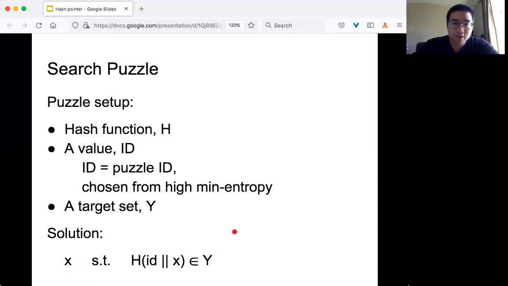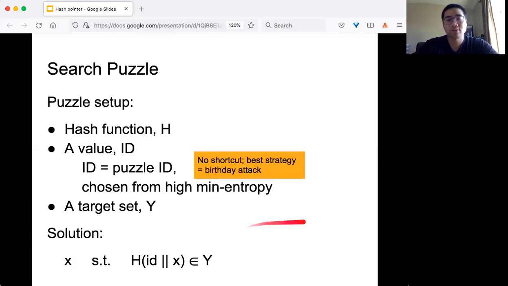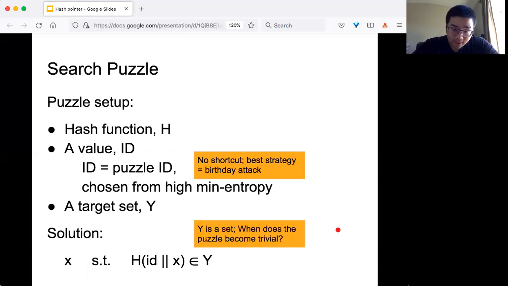So two things to remember for this search puzzle. The first one is, what does it mean for ID to be chosen from high min-entropy? It means there's no shortcut, and the best strategy to solve this puzzle is a brute-force search. The next one is that Y is a set.